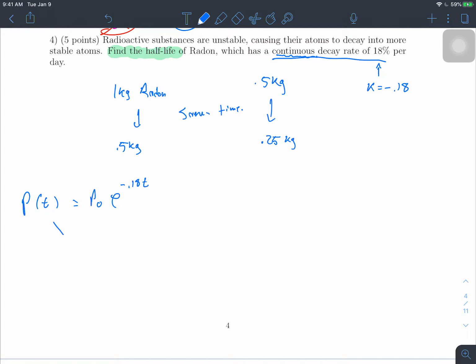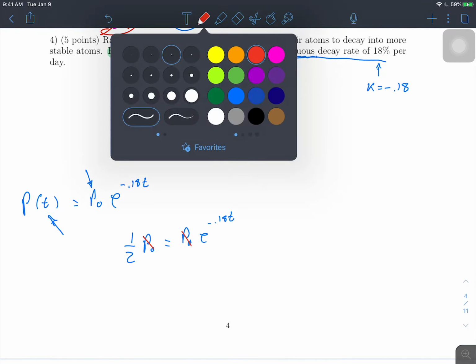Well, if our original value is P naught, so we have some quantity of radon, and we have half of it left, well, what we really are interested in is the equation where we have 1/2 of P naught on the left-hand side, and on the right-hand side we have P naught e to the negative 0.18 t, and we want to solve this equation for t. So we can cancel our P naughts, and then we have 1/2 equals e to the negative 0.18 t.